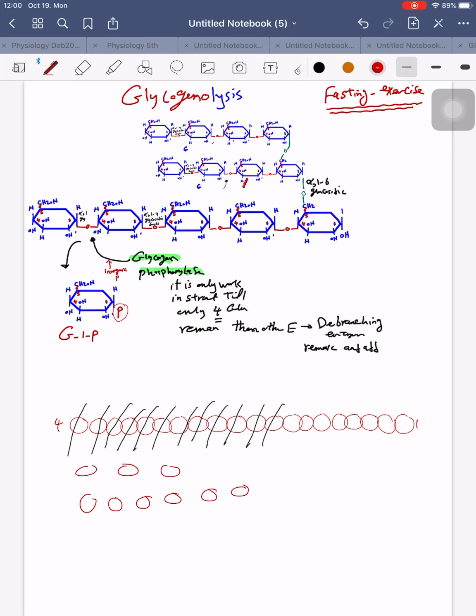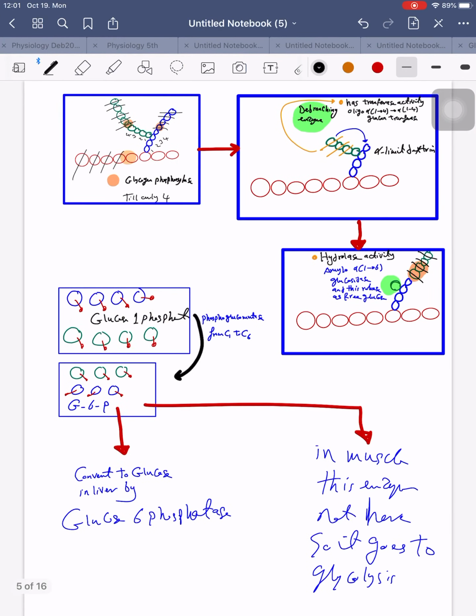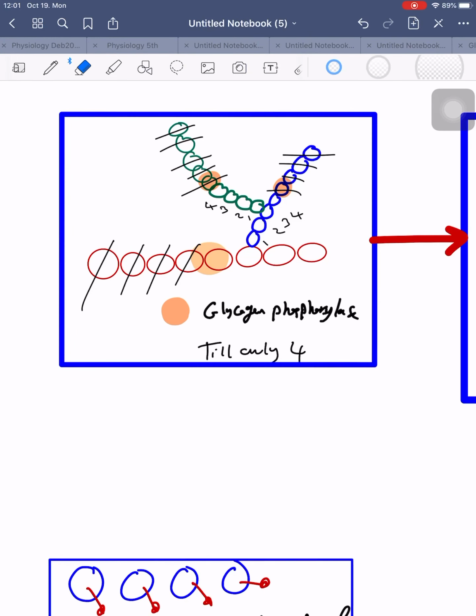No, it is glucose 1-phosphate. But I am still able to remove until I have here 1, 2, 3, 4. So glycogen phosphorylase is able to remove all the glucose in glycogen except the last 4 glucose. Am I clear on that point? Then this last 4 glucose, let me explain it here for you. I know that I gave this in the class, but I just would like to give a reminder for you.